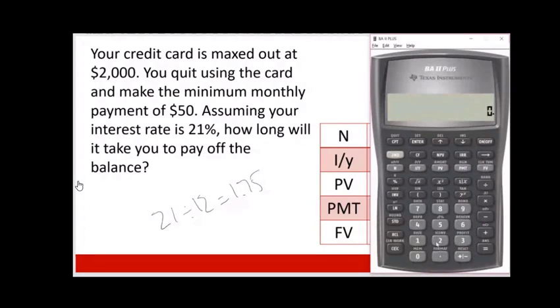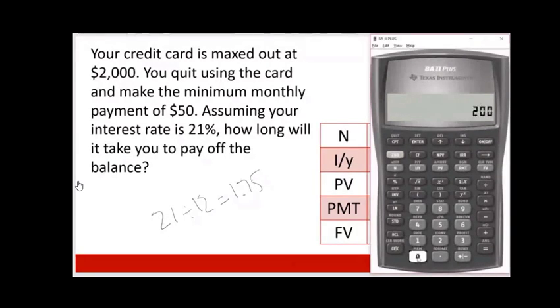So make sure to plug it in. So on your calculator, do the 21 divided by 12 and then plug that in for I. In this example, it's a nice even number, but in case it's a weird number, always just try to plug it in that way. Okay.